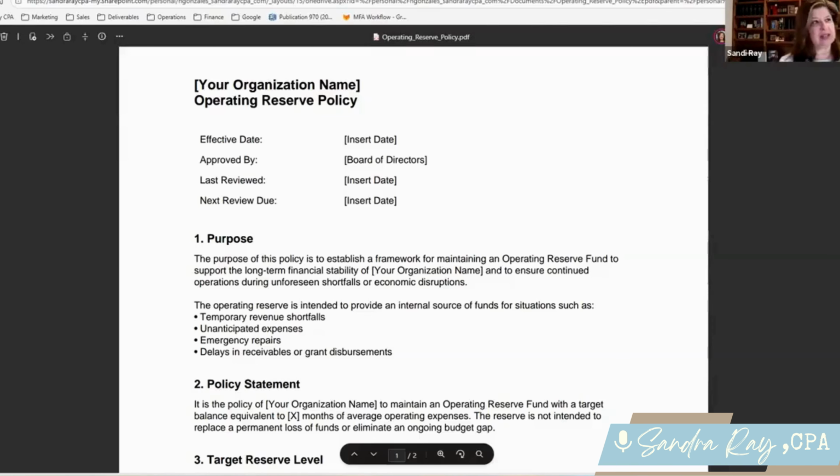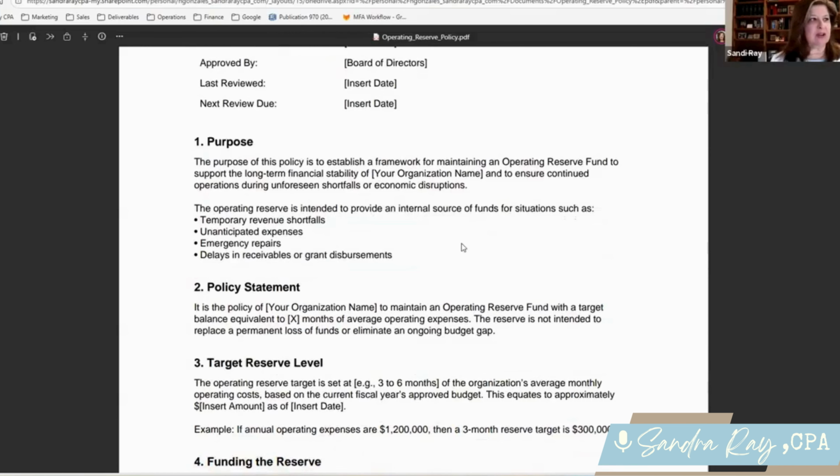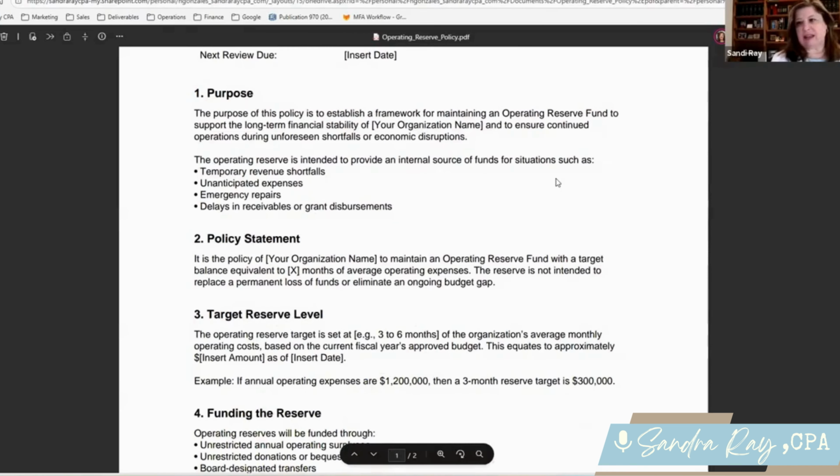So I have for you today a sample policy that we have, very generic. And you can see that this is just a 2-page policy. We've got the effective date, approved by, last review, next review, the purpose, and it's to establish an operating reserve fund.